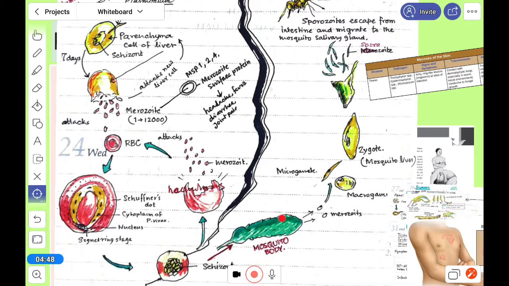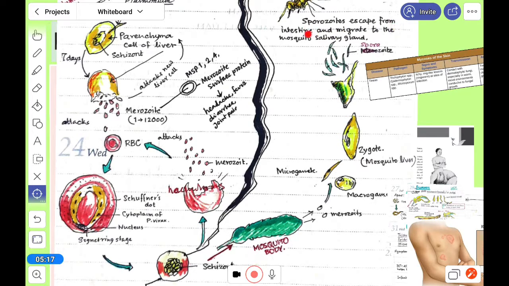Now, if you come here to the mosquito's body, when this signet ring stage enters, it will form the macrogamete and the microgamete. Then the zygote will form in the mosquito, and from that zygote the sporozoite will form again.